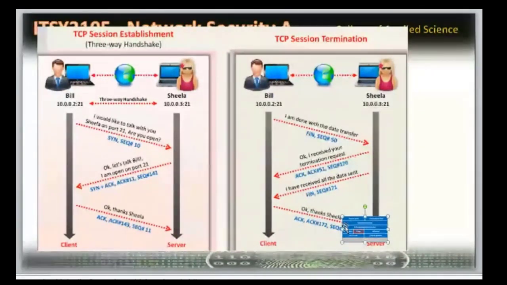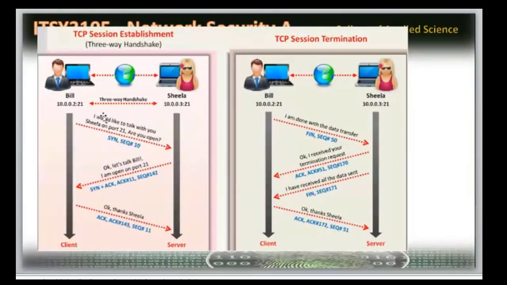You have to keep on changing the flag depending upon what type of operation you want to do. If you want to establish a connection, you go with SYN. If you want to terminate the connection, the flag must be changed to FIN. So this is how the flag concept is working.